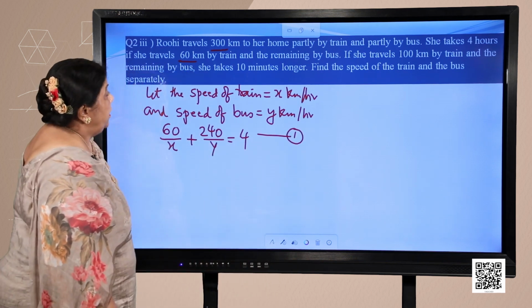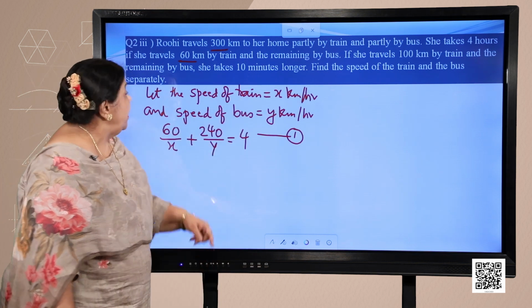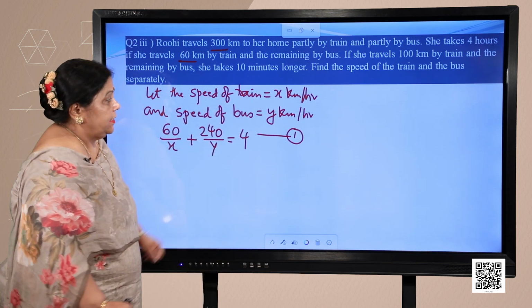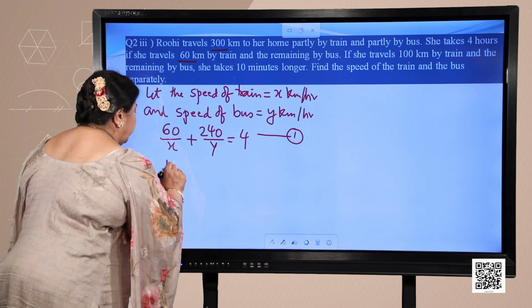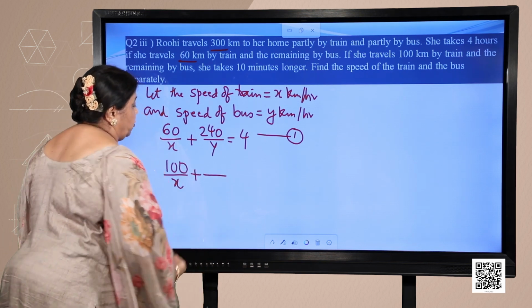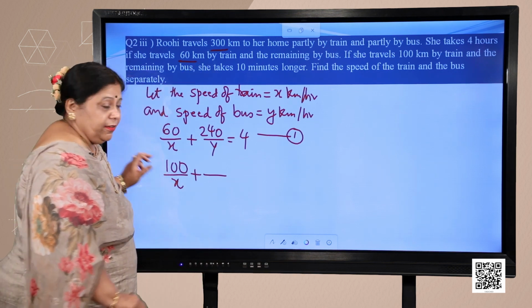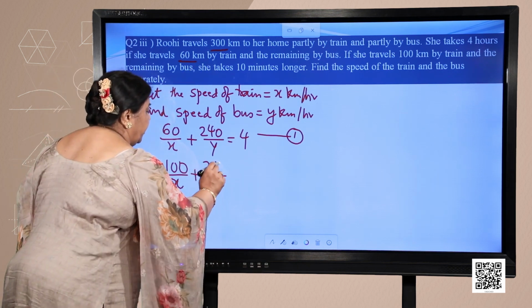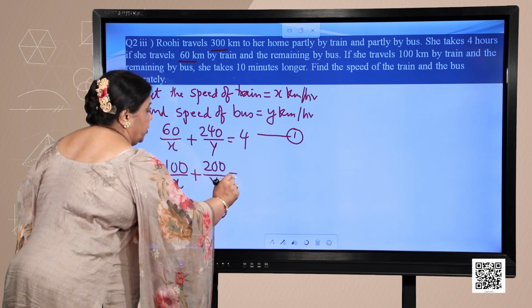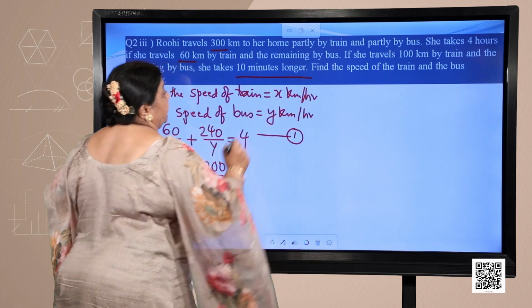Is it clear? Now, second one is if she travels 100 kilometers by train and the remaining by bus. How much is remaining? Out of 300, 100 she has covered by train. So, it is 200 upon y is equal to, here be very careful, it is 10 minutes longer.